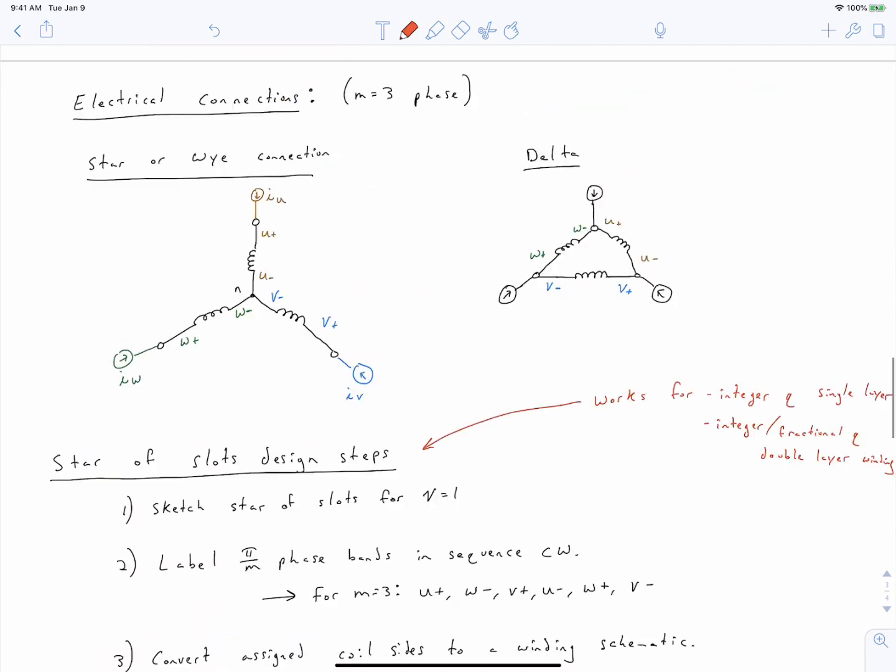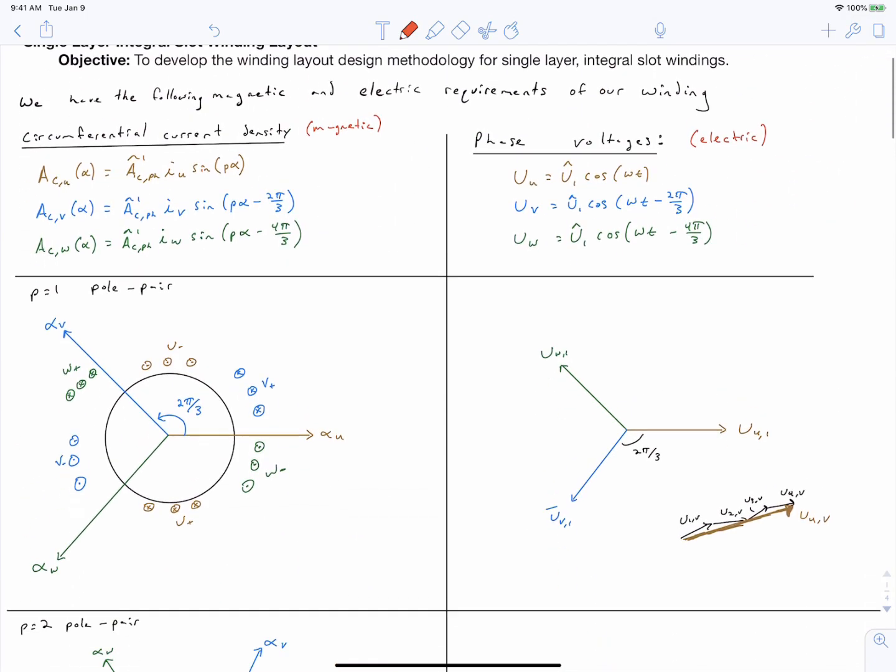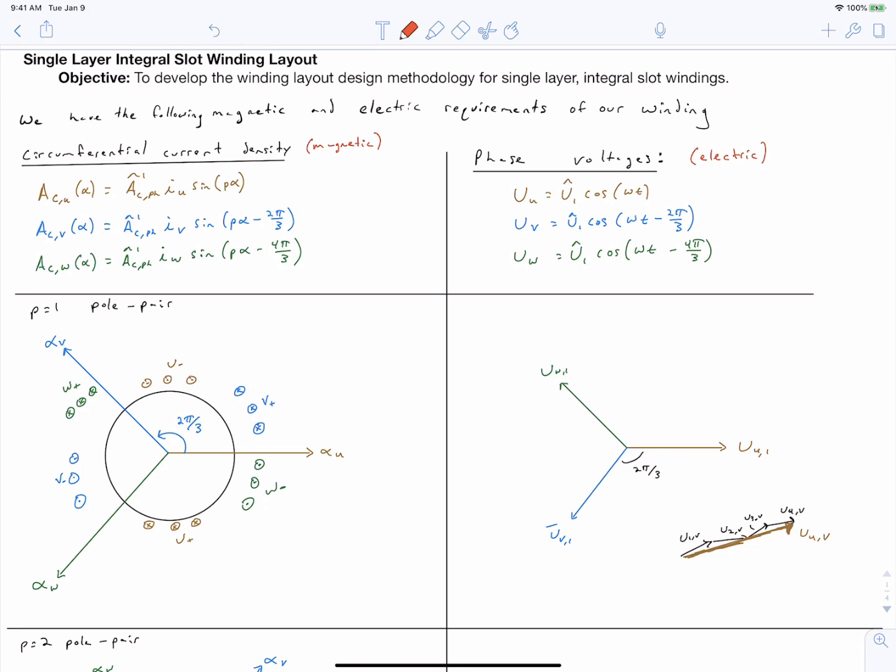Okay, so in summary, this video has developed the single layer integral slot winding layout approach. We've started with observations about what we desire from our magnetic field perspective and from our phase voltage perspective, from our electric circuit perspective.